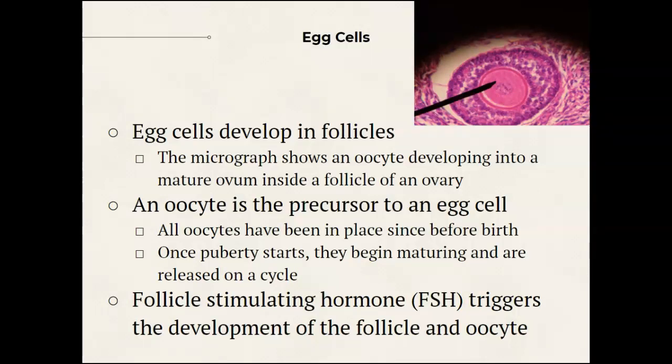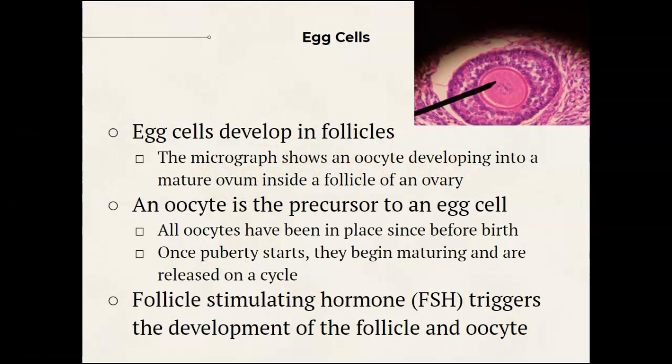Egg cells develop in follicles in the ovaries. You have this image, which is an oocyte, an egg cell developing into a mature ovum, again happening inside the ovary. The oocyte is a precursor to an egg cell.